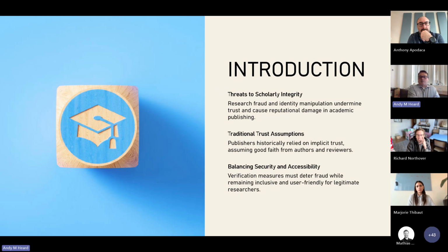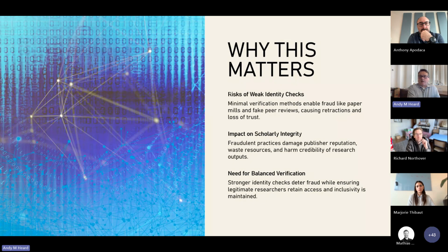So why does this matter? The current reliance on minimal identity checks, often limited to email verification, is insufficient to safeguard scholarly publishing, and fraudulent practices such as paper mills, fake peer reviews, and impersonation have led to thousands of retractions, eroding trust in the scholarly record and damaging reputations. The incidents incur financial costs, waste editorial resources, and compromise the credibility of research outputs.